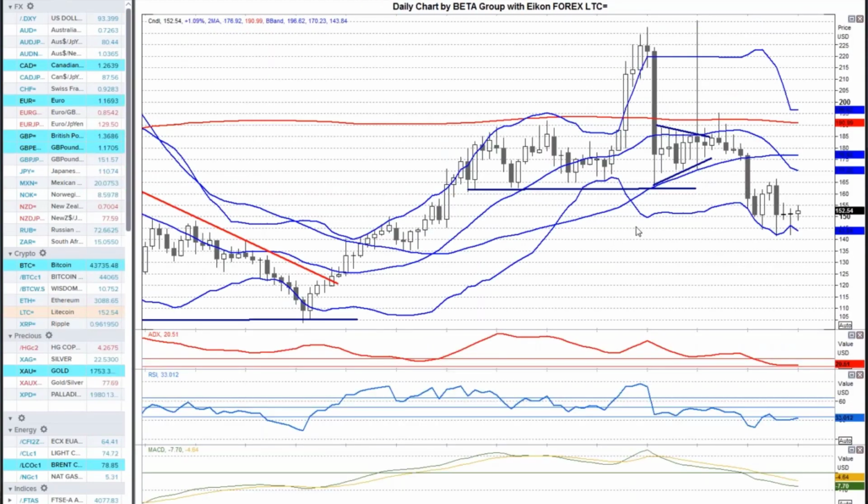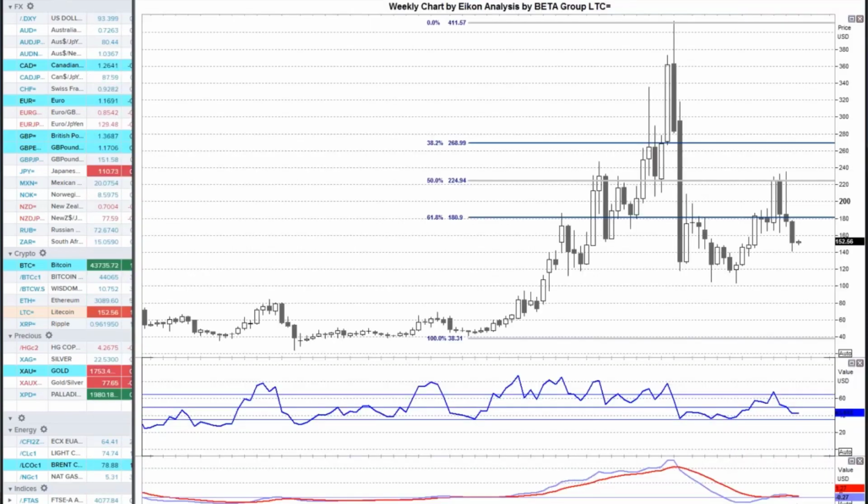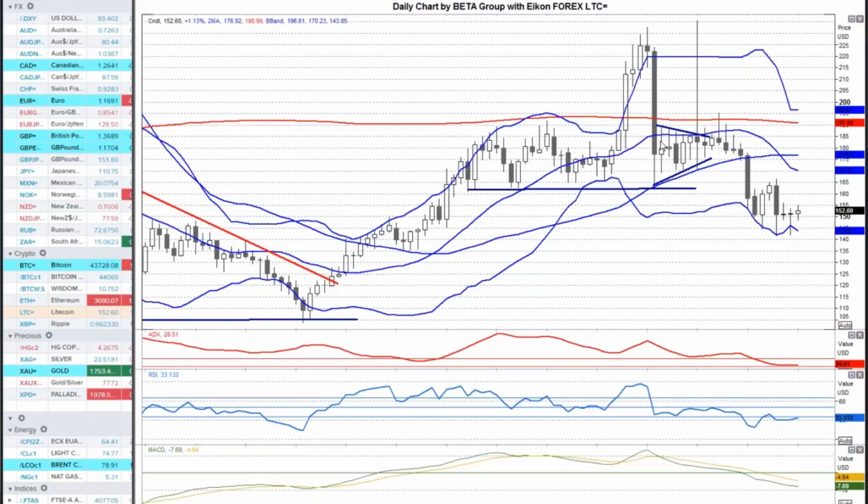Litecoin, here again, the MACD on the weekly has just turned down again here. This one is low overall. It's got a different sort of intermediate top compared to the other two, but again, impulse, reaction, impulse.